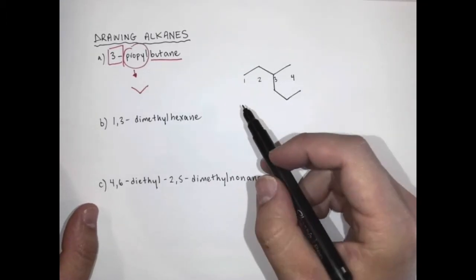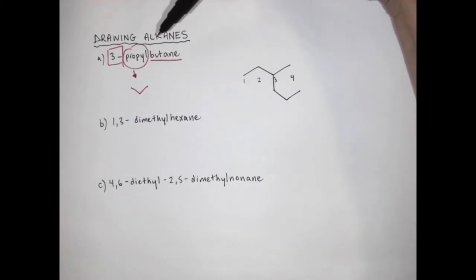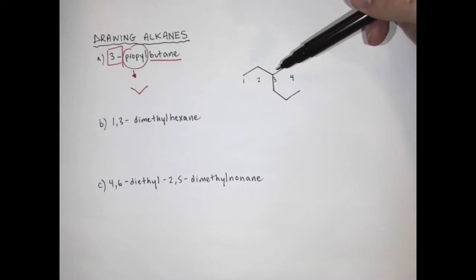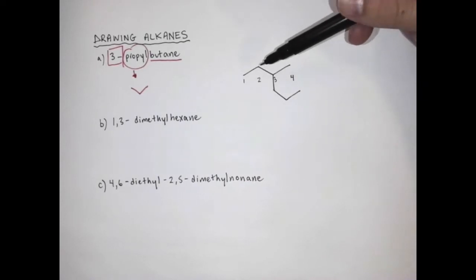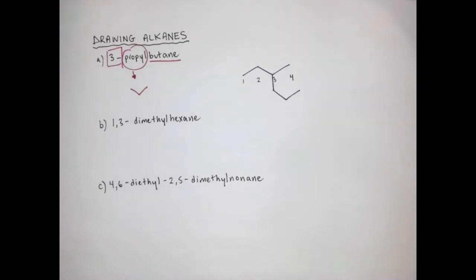As I do this one, I actually notice that the name itself is incorrect. If I draw this structure out and name it, without knowing the name given to me, I wouldn't name it 3-propylbutane. So there's an issue with the name here. Maybe pause the video and figure out what's wrong with how this structure is named.